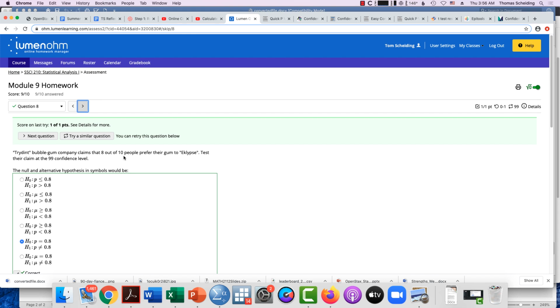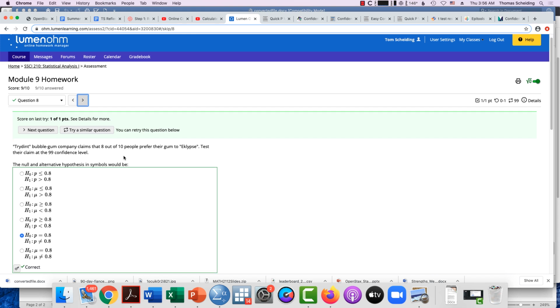Here in question 8, the challenge here is that we actually don't know what the standard deviation is. So because we don't know that, what we're going to be looking for is the confidence interval of a proportion.